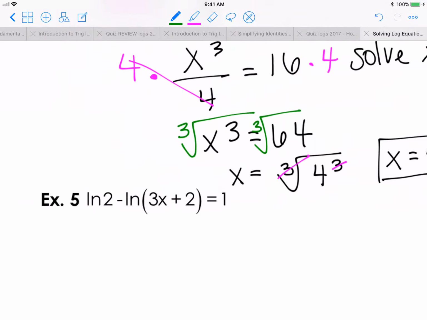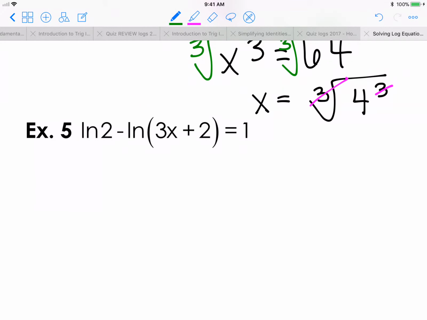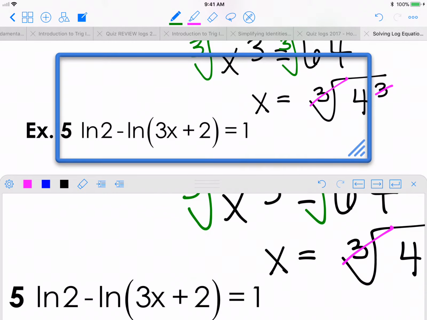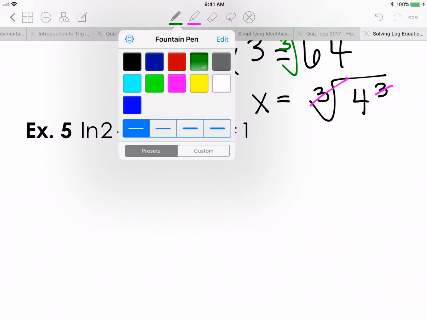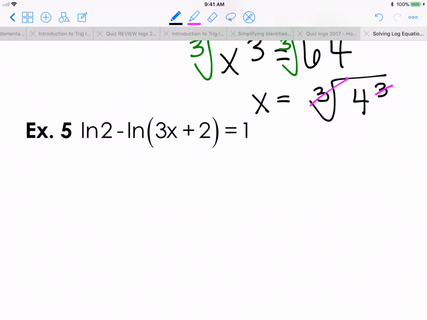Okay, so let's go, and what if they throw in some ln's for us? Well, first let's talk about what an ln is. It's a natural log. I think we've talked about this in class before. And an ln is the reciprocal of e to the x, okay?